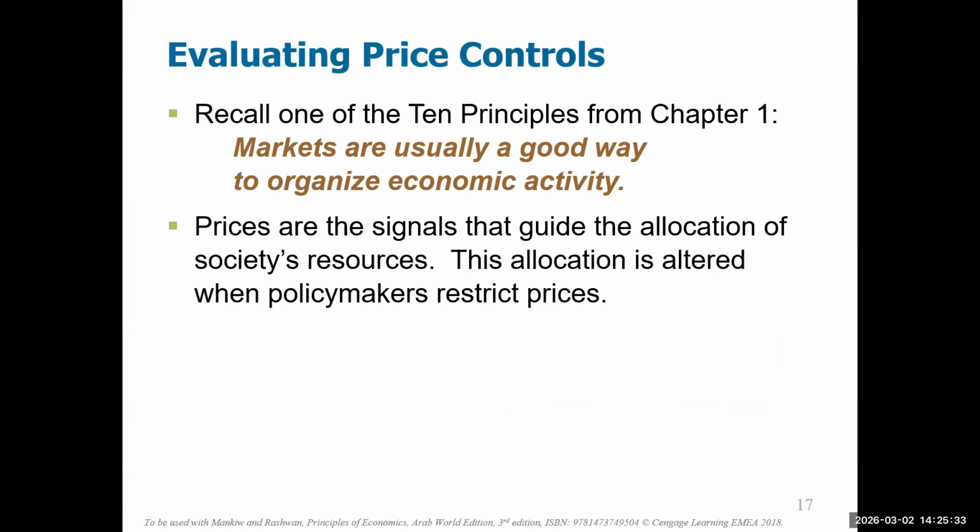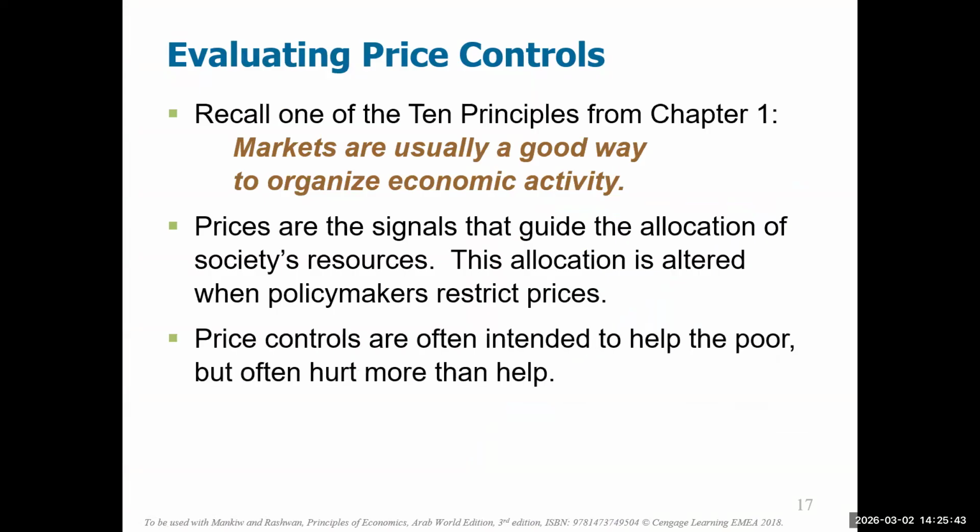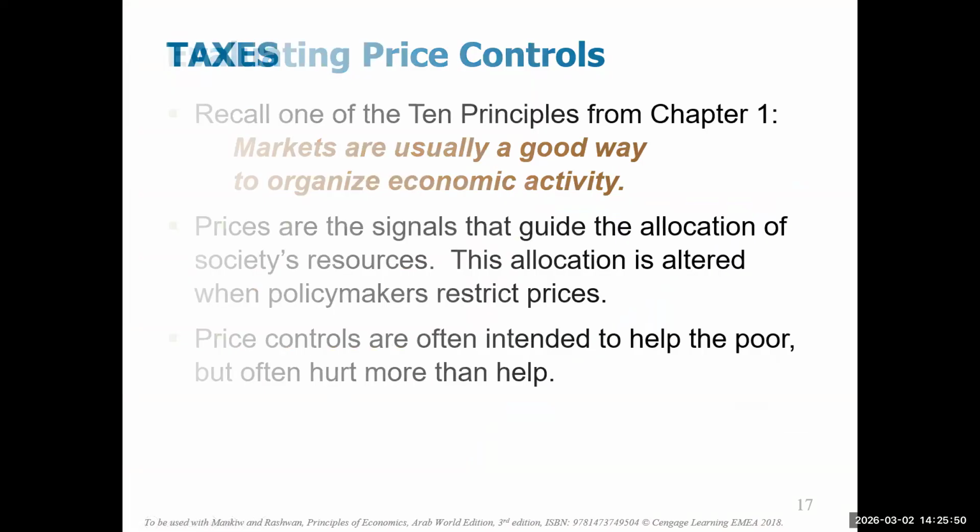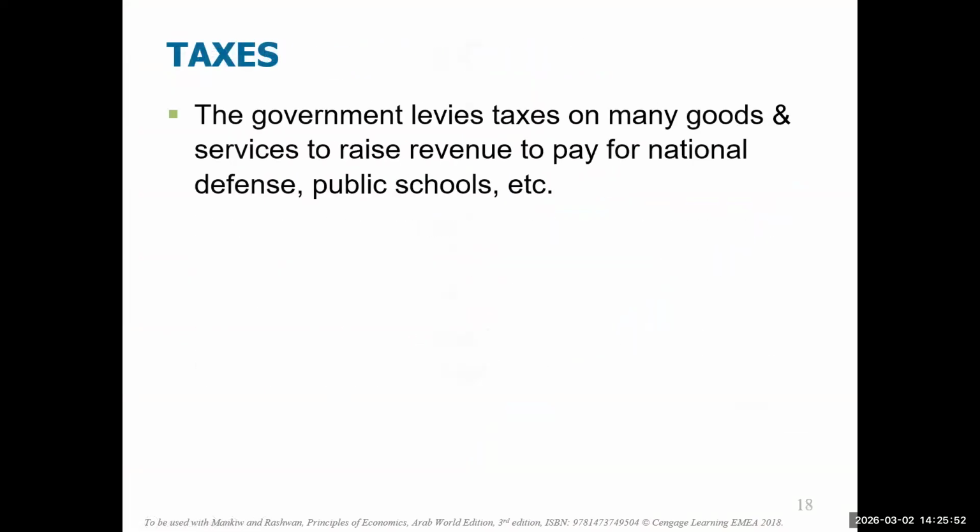Whenever I talk about the market, it's usually demand and supply, okay? So what we're saying is that yes, it's a good thing. But when government tries to interfere, often it does that to help poor people, but it can hurt more people as well because it creates these issues. So those were the price floor and price ceiling. Any questions before we move on to taxes?